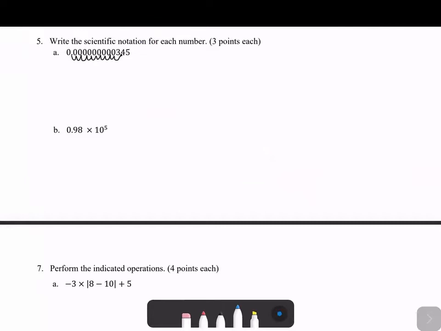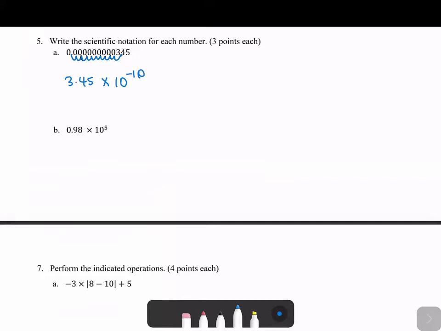So you move this 1, 2, 3, 4, 5, 6, 7, 8, 9, 10 times until you get a 3.45. And then how many times did we move the decimal places? We moved it 10 places and we moved it to the right. So this is going to give us a negative 10 because to move 3.45 to this decimal that's above, we would need to move the negative 10 to the left, which is towards the negative side of the number line.